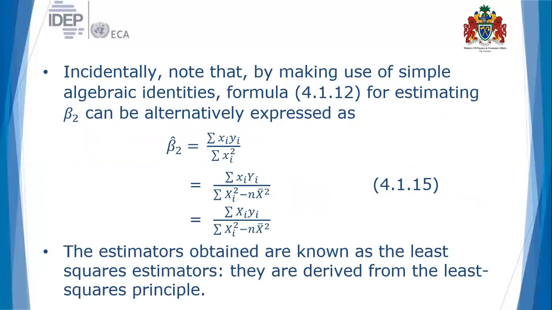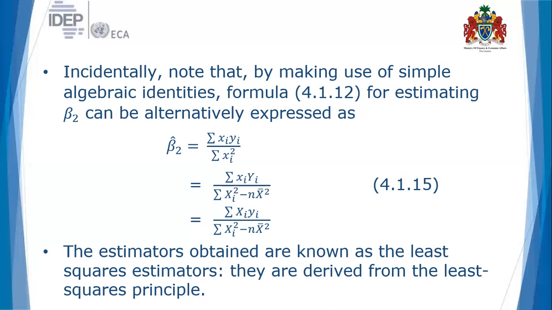On the other hand, we can estimate beta hat 2 using these notations, where beta hat 2 is equal to the summation of small x_i small y_i, divided by the summation of small x_i squared, which will give us the summation of x_i y_i divided by the summation of x_i squared minus n x bar squared.